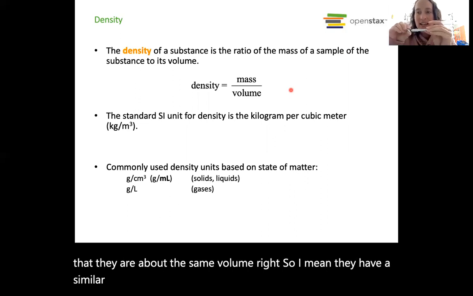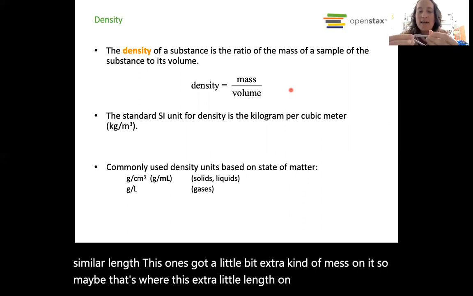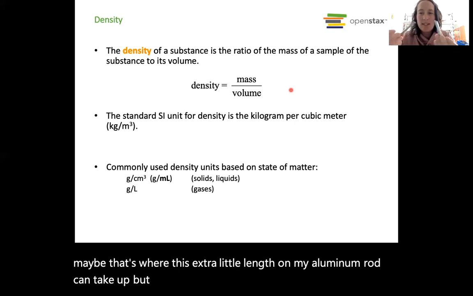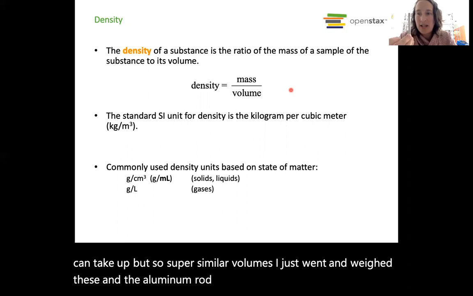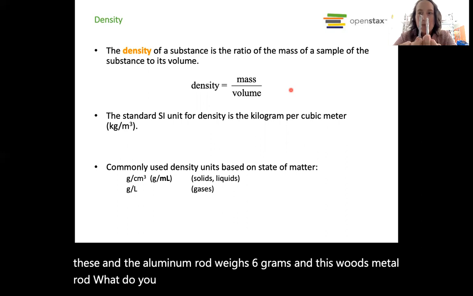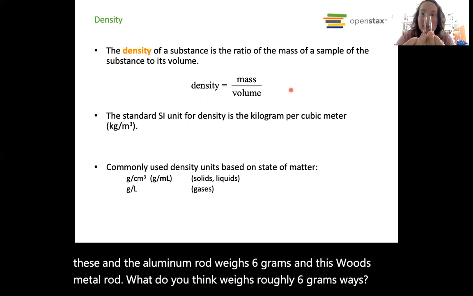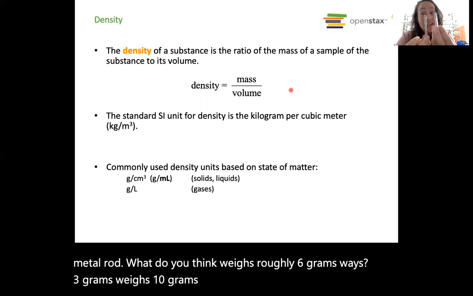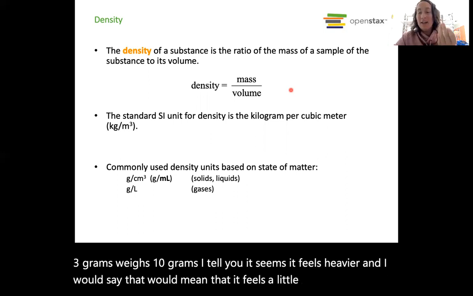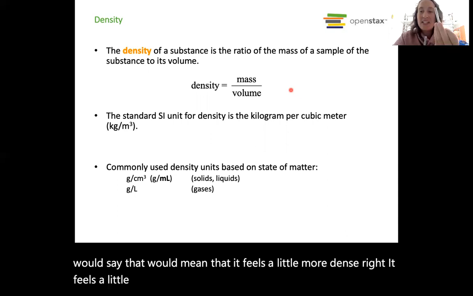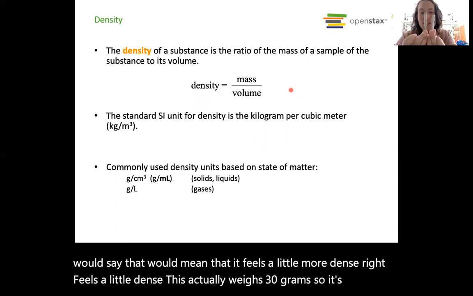This one's got a little bit of extra mess on it, so maybe that's where the extra little length on my aluminum rod comes from, but super similar volumes. I just weighed these, and the aluminum rod weighs 6 grams, and this Wood's metal rod, what do you think? Weighs roughly 6 grams, 3 grams, 10 grams? I tell you, it feels heavier, and I would say that means it feels a little more dense, right? This actually weighs 30 grams, so it's 5 times heavier than this aluminum rod.